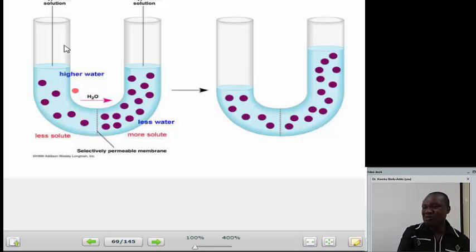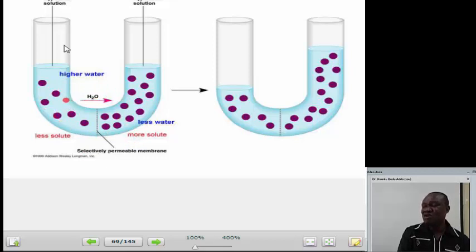Now, the limbs of this setup are separated by a semi-permeable membrane. The solution here is a weak solution, and that is a very concentrated solution. It means that it has more solute than this portion.